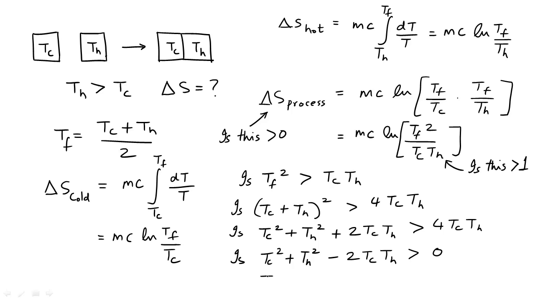So this is (Tc minus Th) whole squared, and this is indeed greater than 0. So yes, this implies that this term here is greater than 0, and therefore the net change in entropy of this process is greater than 0.